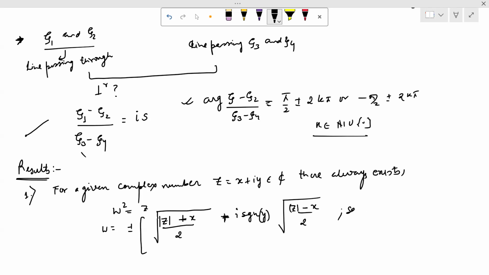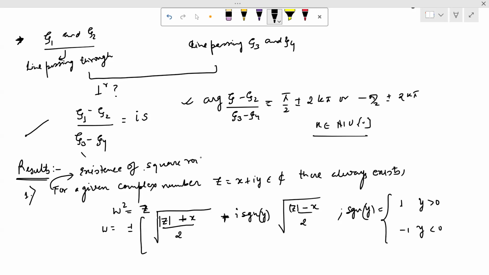Here signum, if you remember from real analysis, signum y is equal to plus 1 if y is greater than 0, and equal to minus 1 if y is less than 0. So for every complex number z equals x plus iota y, there always exists another complex number whose square is equal to this. This gives you the existence of the square root of a complex number z.